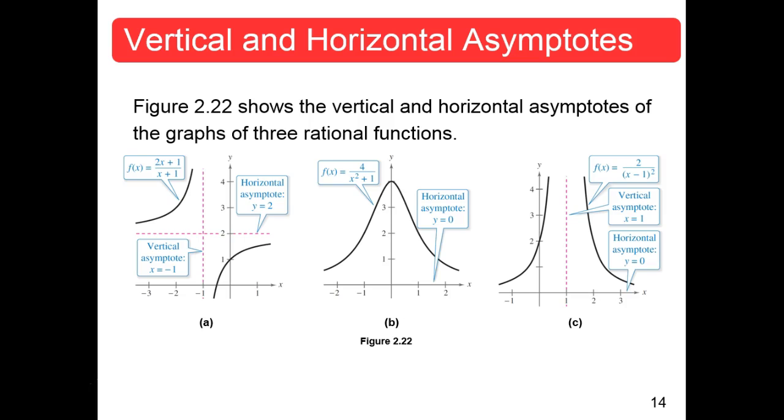The book writes x plus 1 is equal to 0, but it can't be 0. So x plus 1 is not equal to 0. Solve that inequality. Subtract 1 from both sides, and you get x cannot equal -1. And there it is. There's your vertical asymptote. That's always how you get your vertical asymptotes.